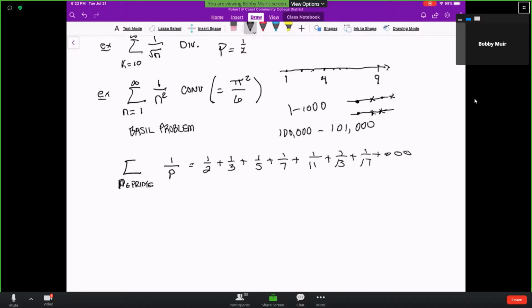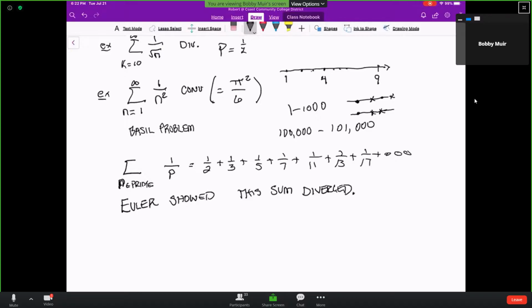Now, the problem with this is that there's no real useful way to get a list of the primes. Well, Euler figured something out. He was able to get all the primes in an equation. And what Euler showed, and I'll be doing this for us because it's a really good application of what we're going to be learning towards the end of the chapter, is that this sum diverged.